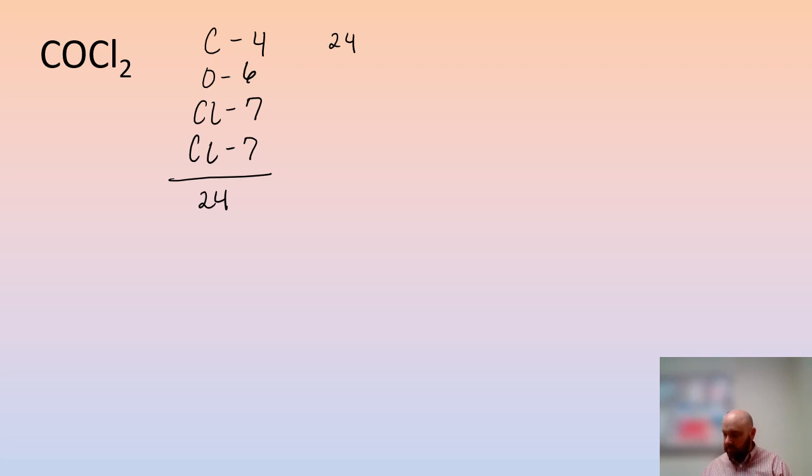The second half of that step says to start by writing out your central atom and then connecting each of the constituents to it with a single bond. So we wrote our carbon and then we singly bonded each chlorine and the oxygen to our carbon. That used up 6 of our electrons, so we now have 18 left to distribute.